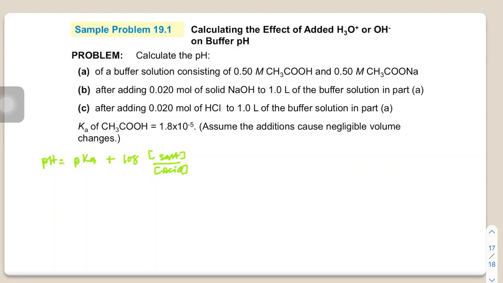Okay, so we can plug in the values. pKa is negative log Ka, where the given value is 1.8 times 10 to the negative 5, plus log concentration of the salt, 0.5 molar, over concentration of the acid, 0.5 molar. So when we press the calculator, we get the answer equal to 4.74.